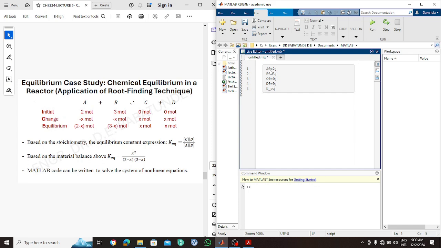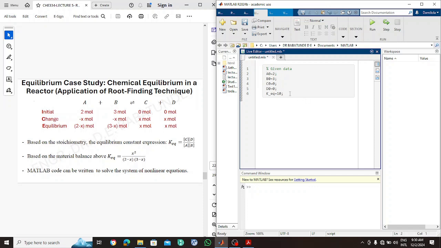What is the value? 10. Have you captured all of the given data? So I believe we have captured it.